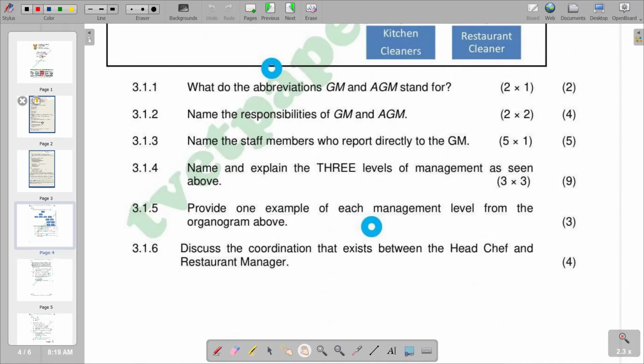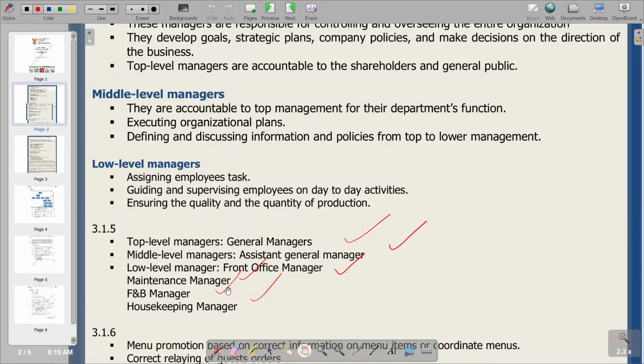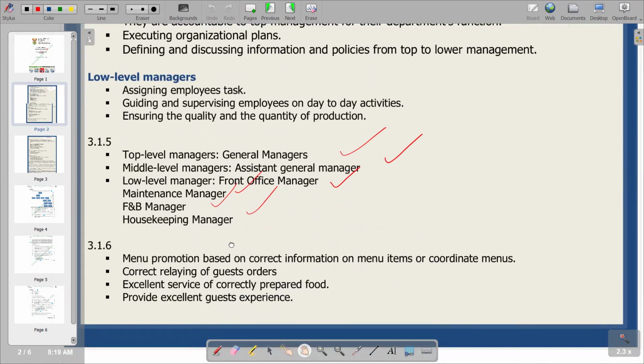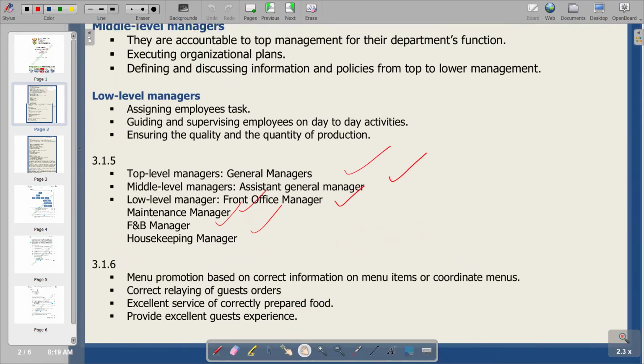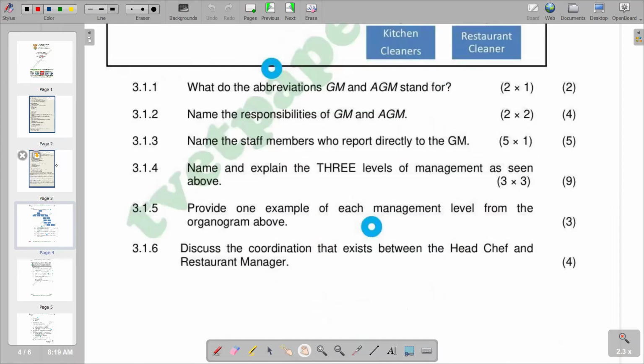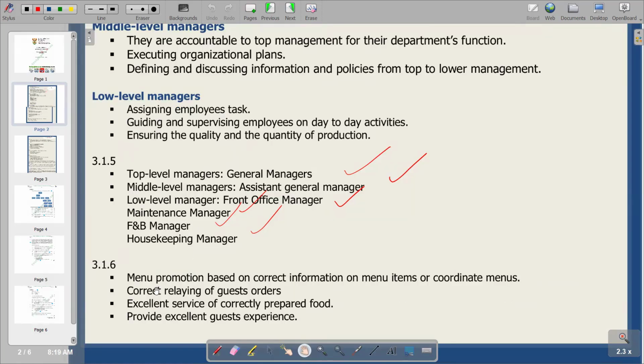So if you go to our other section, we also have the explanation, whereby we are saying menu promotion based on correct information on menu items or coordinate menu. So this is the responsibility of the head chef that we have on the first point. Then we have correct relaying of guest orders.